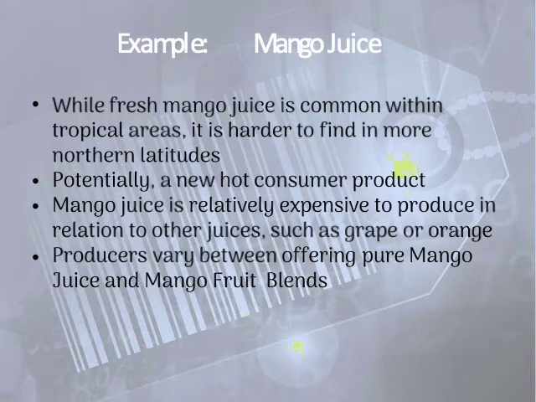But as the world's population becomes more mobile now because of technology, many people in northern climates are familiar with mango juice. So even if they don't actually have mango fruit trees, they are familiar with mango juice.